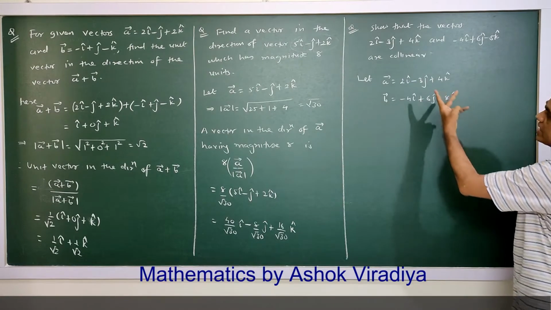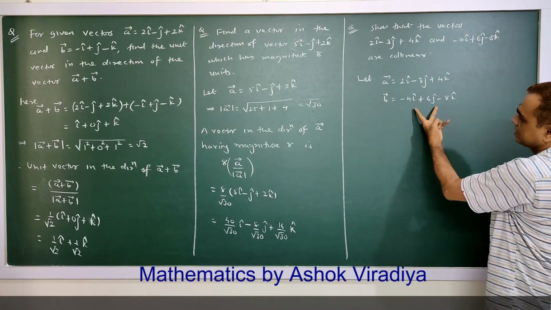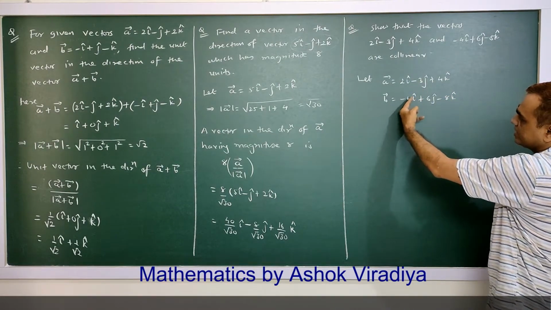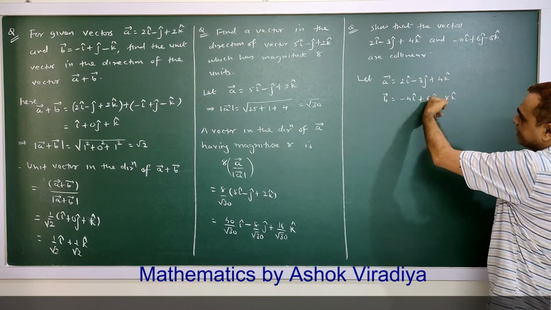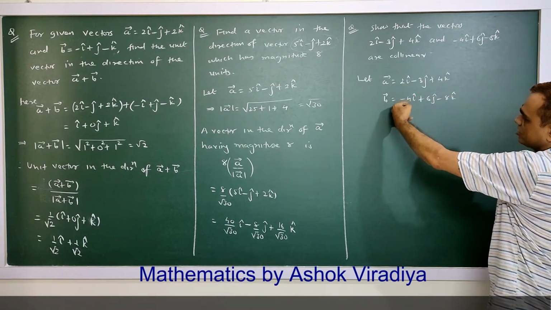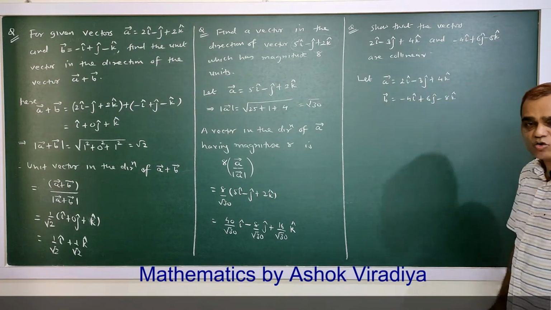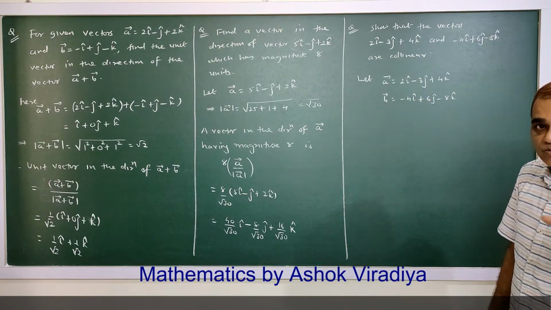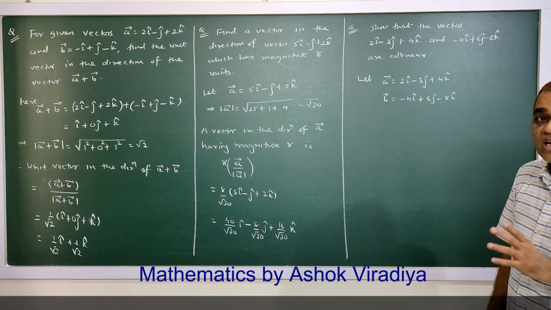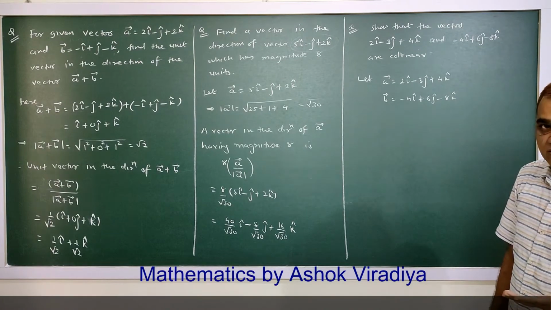Now look at scalar components. You can see that ratio is same. Ratio is minus 1 by 2. Ratio of scalar components is constant, negative. So they are in opposite direction.